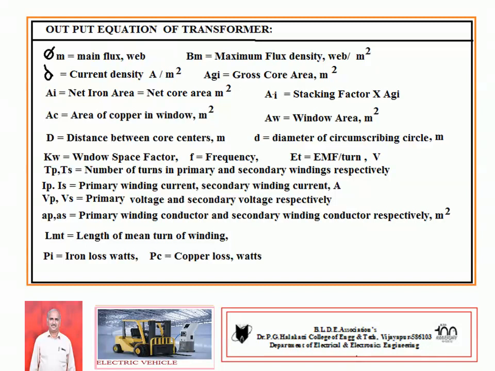LMT is the length of mean turn of winding. PI is iron loss in watts. PC is copper loss, also in watts. These notations are used throughout your design process, and we have to use the same notations in derivations.